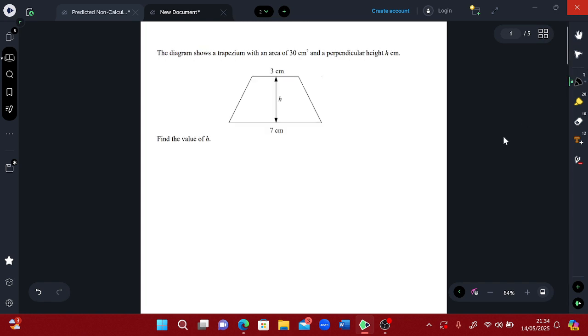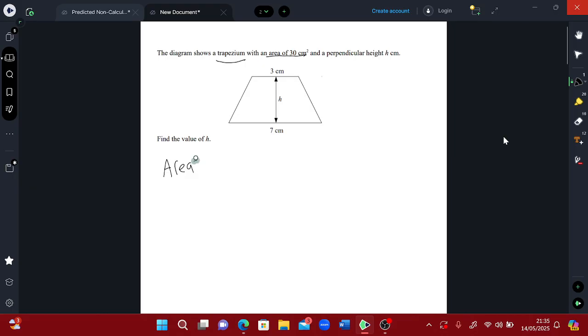It says the diagram shows a trapezium with an area of 30 and a perpendicular height of h. Find the value of h. So it tells you the area. Hopefully you should know what the area of a trapezium is. That's the first step.